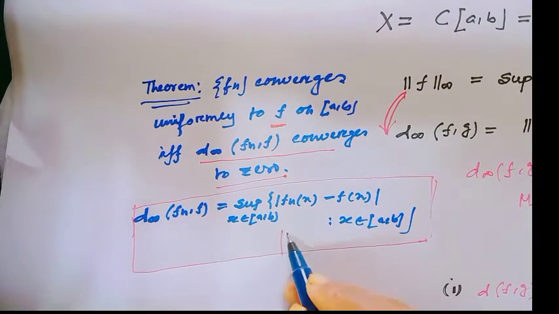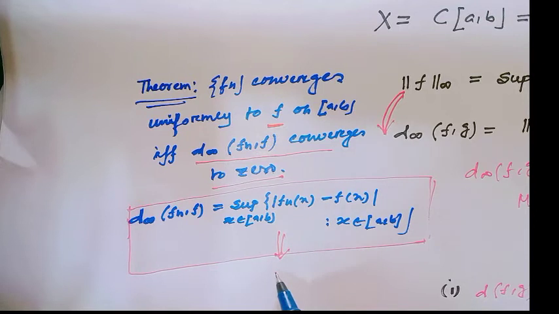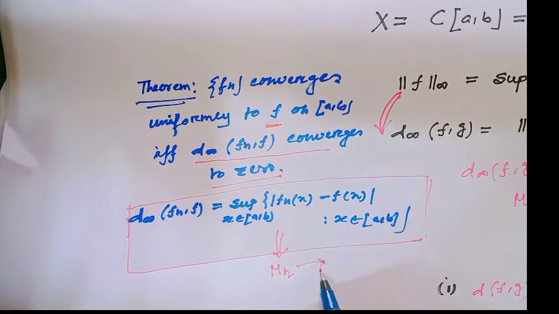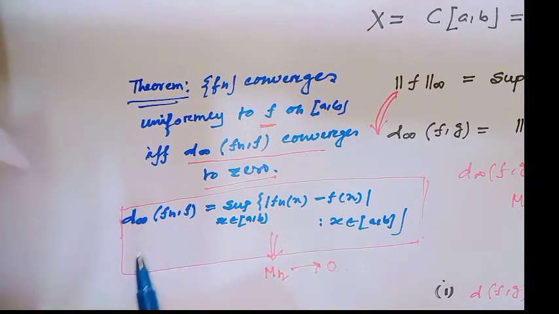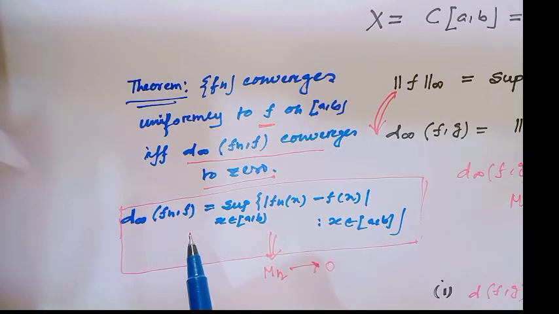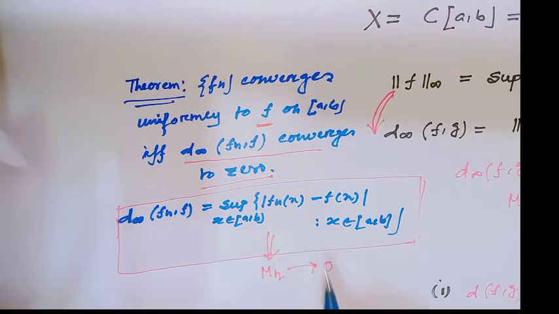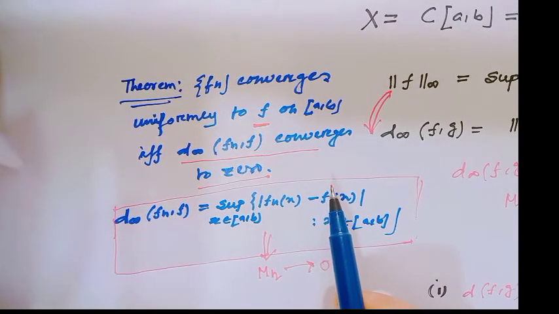This is what I had seen in the sequence of functions lecture; this is actually the Mn. When this Mn tends to 0, then the sequence of functions with respect to the d infinity metric converges to the function f, and this convergence is uniform convergence.